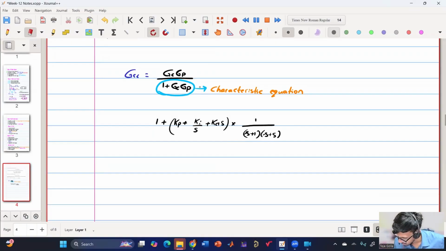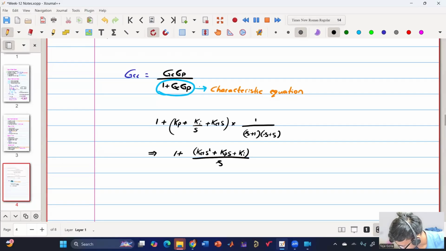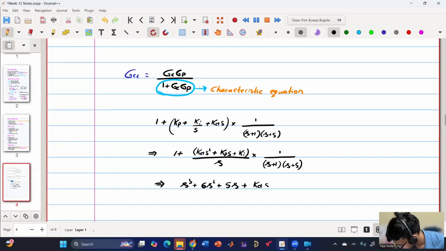Let's simplify it and then show. So we have (Kd into S square plus Kp into S plus Ki) by S, into 1 by (S plus 1) into (S plus 5). So we have S cube plus 6 S square plus 5 S, plus Kd S square plus Kp S plus Ki. If I'm making any mistake, kindly let me know.